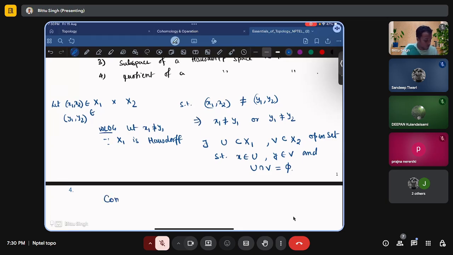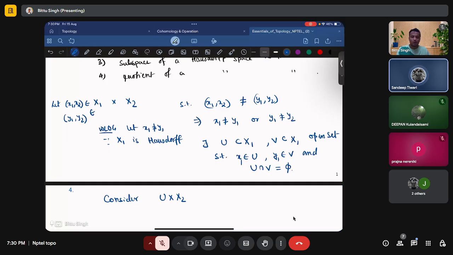Now consider the product. Both are open sets in X1, and we are considering x1 and y1. Therefore, there are open sets which separate those two points, x1 and y1. Okay.